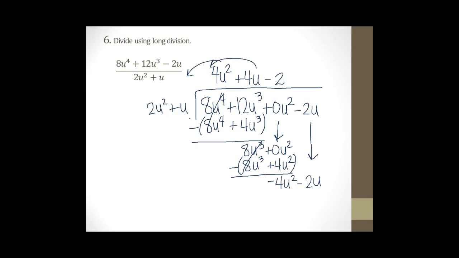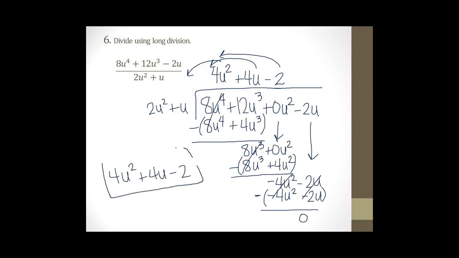Because negative 2 times 2u squared is negative 4u squared. We always want to get the same term here. And then negative 2 times u is negative 2u. And then we're going to subtract. And then both of these cancel out, so your remainder is 0. So your final answer is just 4u squared plus 4u minus 2. That is your quotient with no remainder.